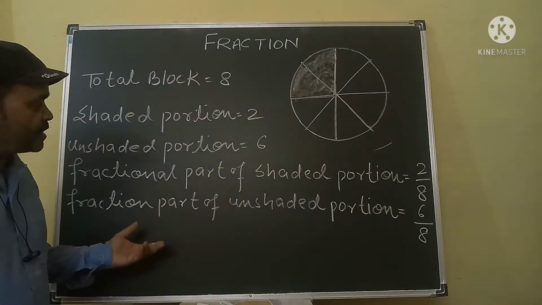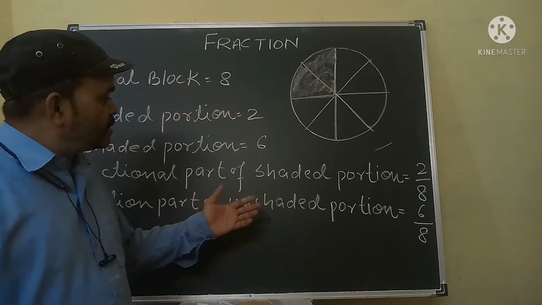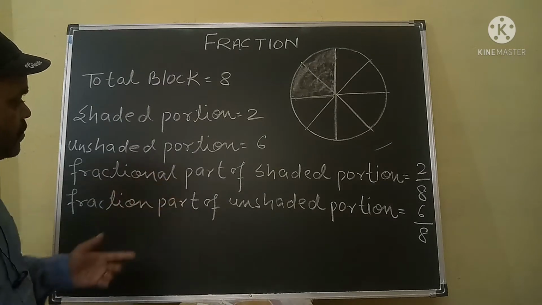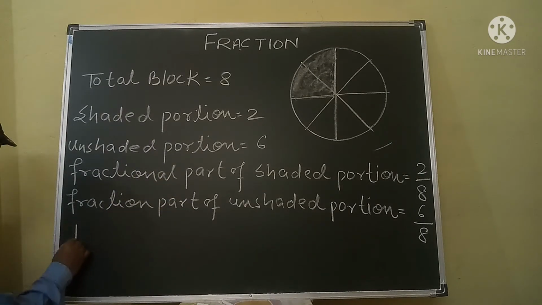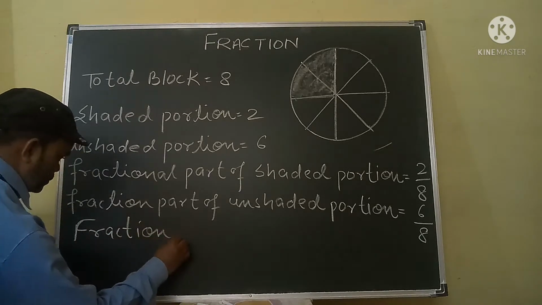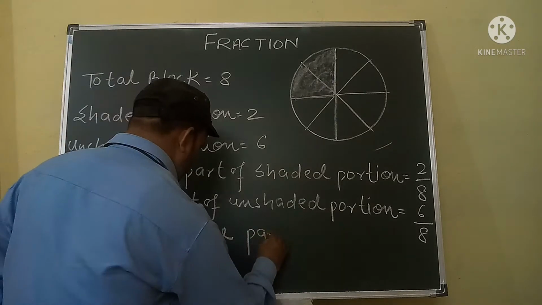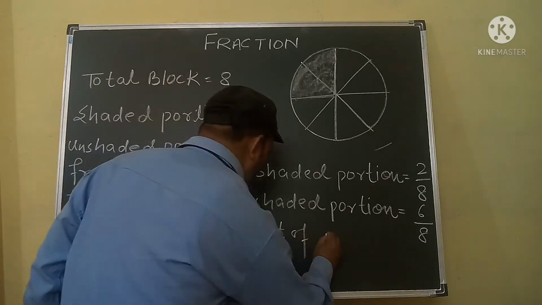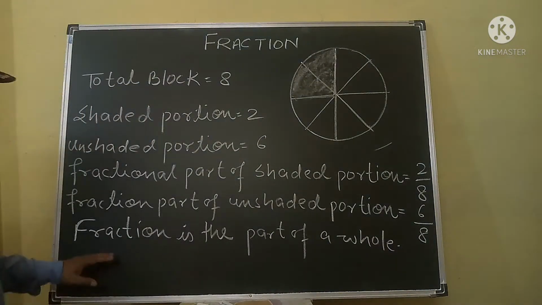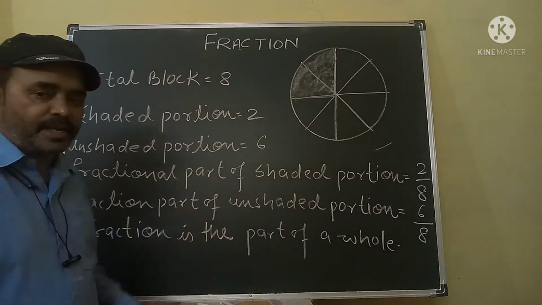That means fraction is the ratio of two natural numbers, or in other words, fraction is a part of a whole. That is the definition of fraction.